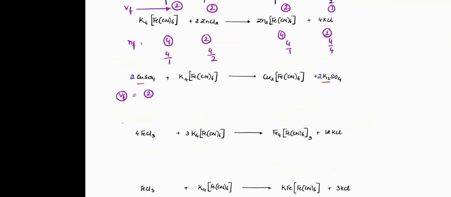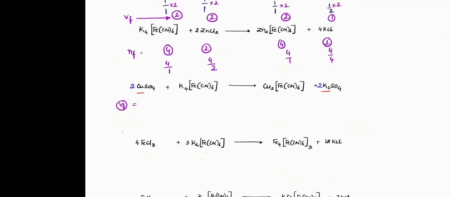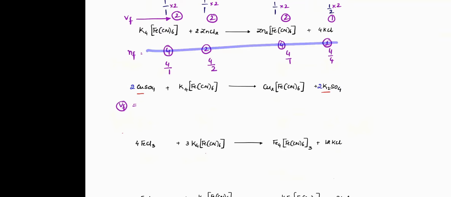In such a case, remember that every time you apply this logic, you divide by the stoichiometric coefficient, and you check the charge for the total amount of molecules. So for one molecule of copper sulfate, copper has plus 2. For 2 molecules, how much will be the total charge? Plus 4. It should have been plus 4, correct?